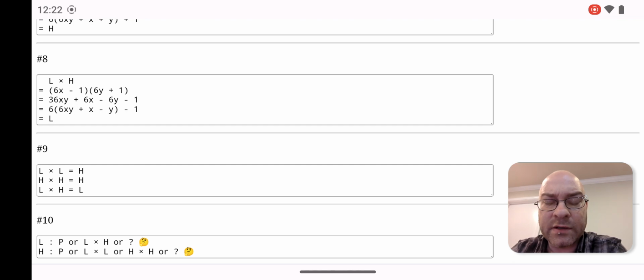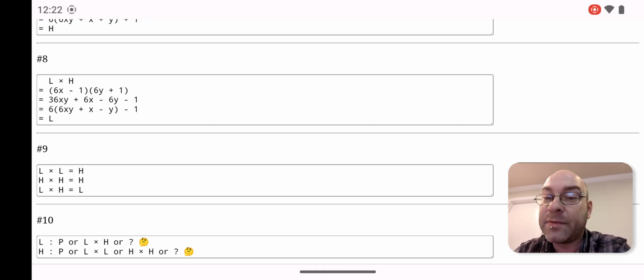So what have we got? Lows can be either primes, or we just established they could be the result of a low times a high, or maybe something else. We know that every low times a high will give us a low, but we don't know if we're covering all the ground of lows just yet. So that's an open question for a moment.